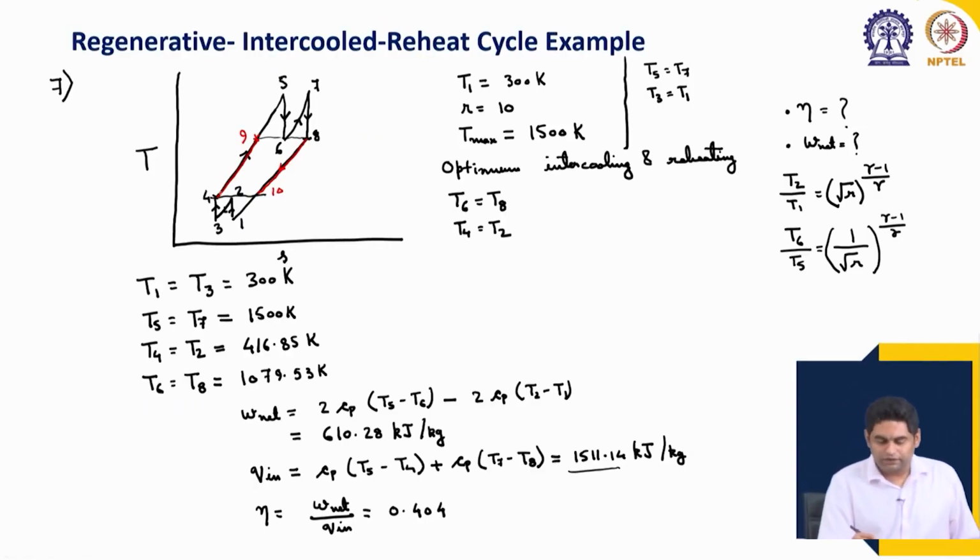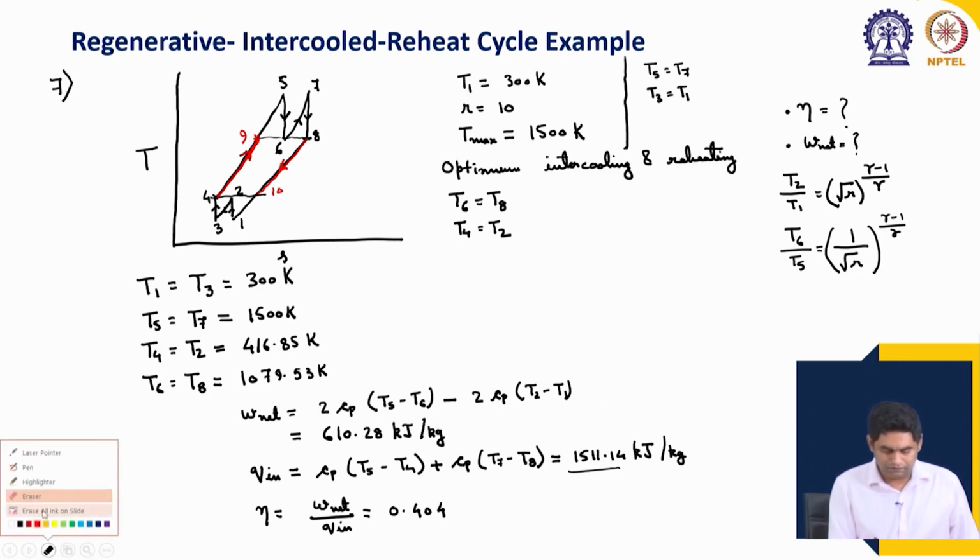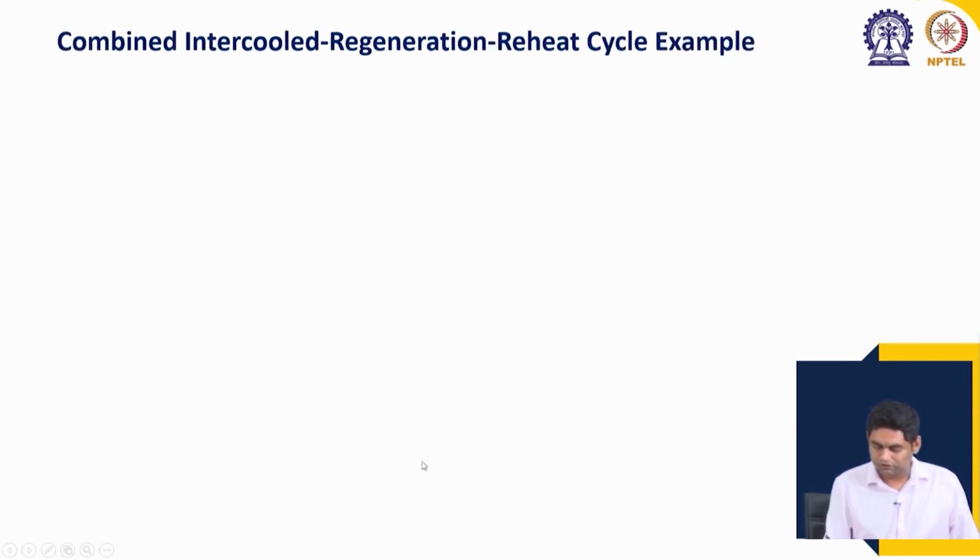So, now we have these additional processes going from 9 to 10, 4 to 9 and 8 to 10. All the temperature values are as obtained. The only problem change that will occur is that the heat addition is going to change. Probably this cannot be, let me see, the entire thing is erased.